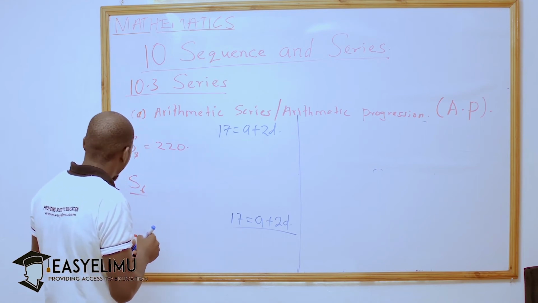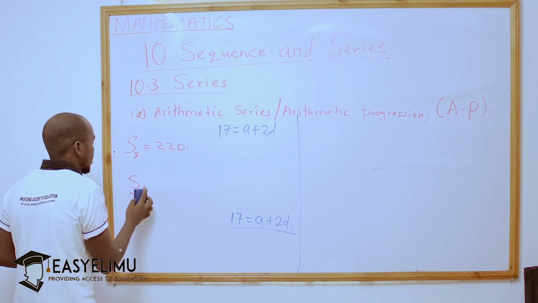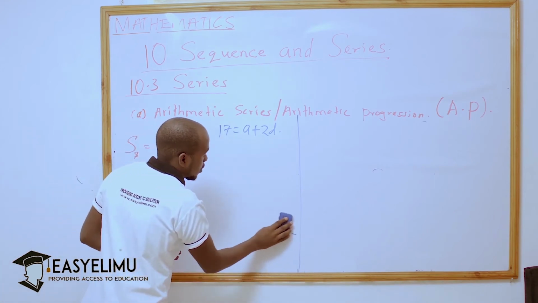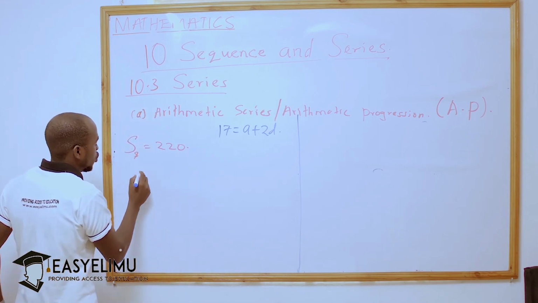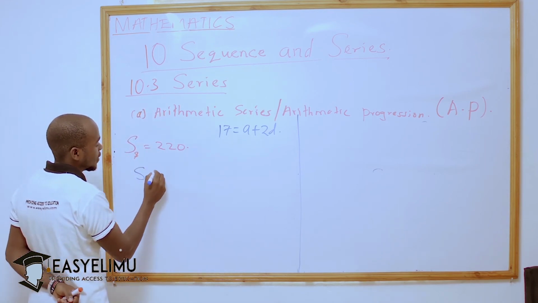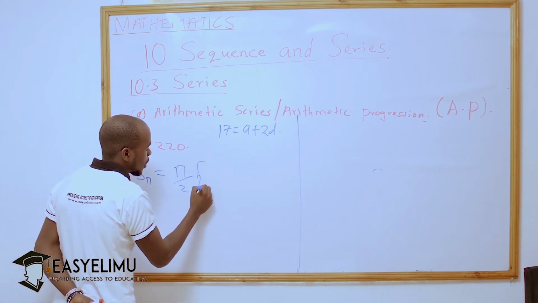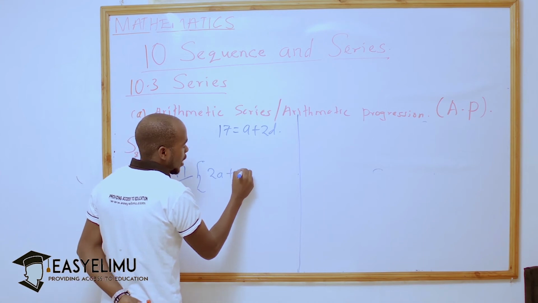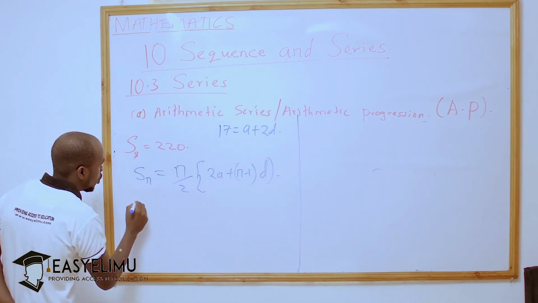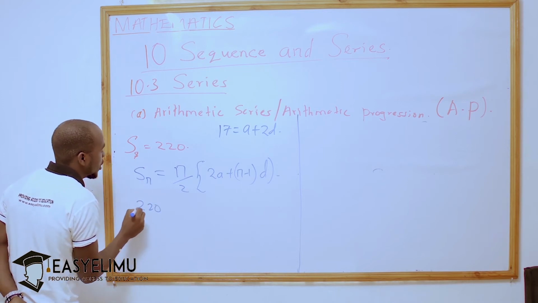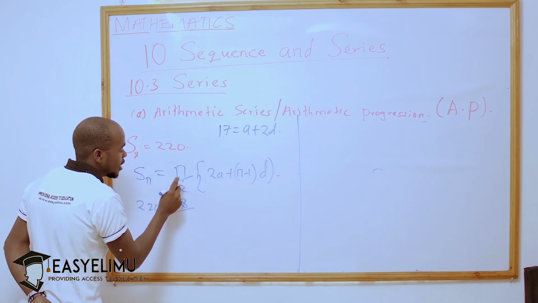Now let's see what we shall find in the sum of 8 terms of the arithmetic series. We said to find the sum of an arithmetic series, we have a formula of n over 2 into (2a plus (n minus 1)d). We have been told S8 is 220, so 8 is our n.